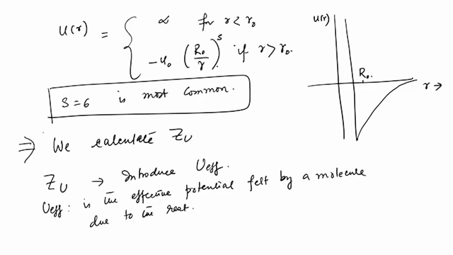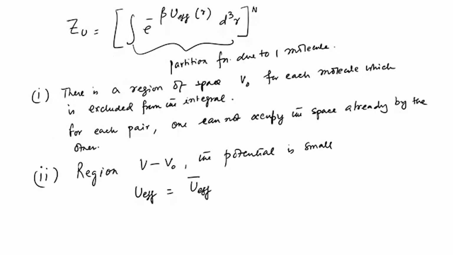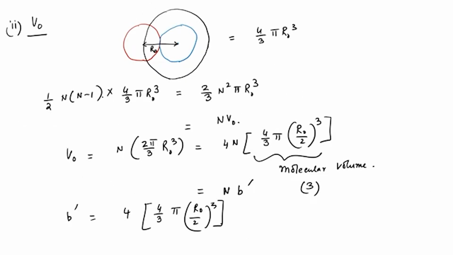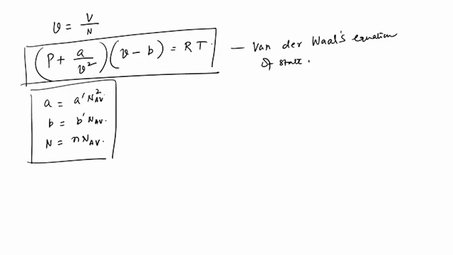So, this is really that minus u0 thing that you see here. For this, s has been kept as a variable till the very end, and it in fact turns out that as long as s is greater than 3, the van der Waals equation of state can easily be derived.